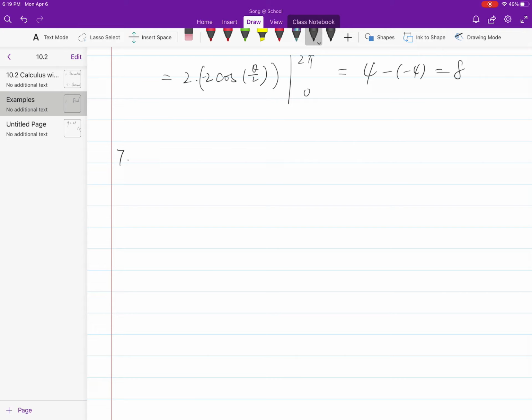And then for number 7, I'm just going to wrap things up. There's really nothing much to talk about here. So let's just use this one to find the surface area of a unit sphere.